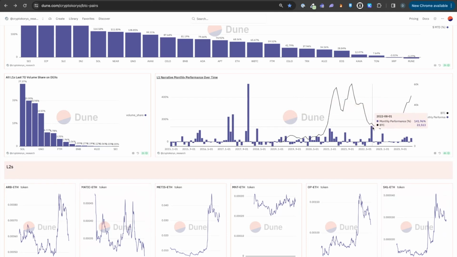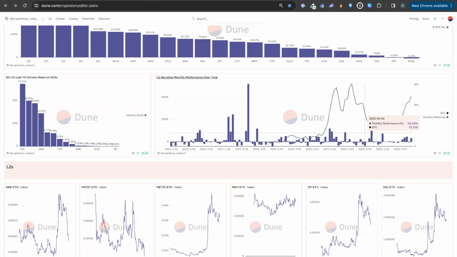Some of the things that I like here is you can see the drawdowns on the worst months. You can compare them across different narratives. And if we are having a bad month, for example, on your specific narrative, you can compare it to the historical drawdowns and see if it's close to the lowest values it has ever had.